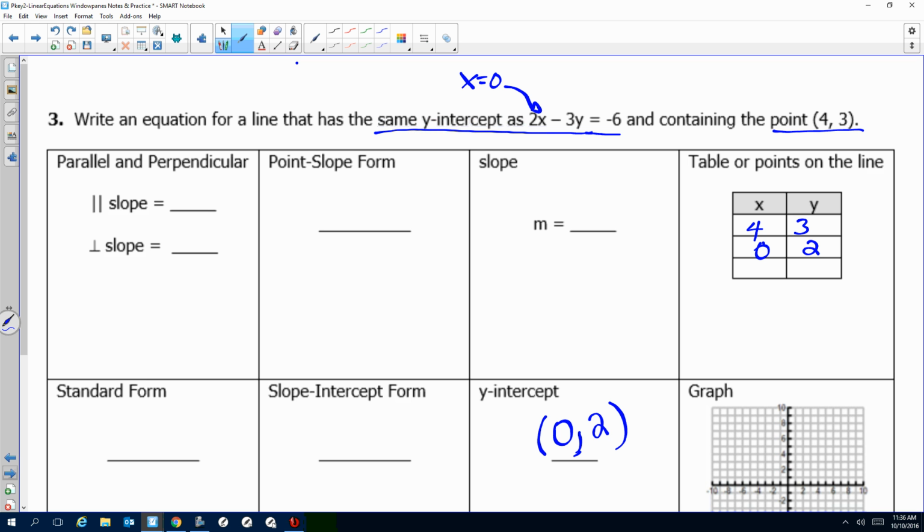Because we have 2 points here, to get the slope you're going to do y2 minus y1 over x2 minus x1, using our 2 points. So I'm doing 2 minus 3 over 0 minus 4, and then I'm simplifying that.